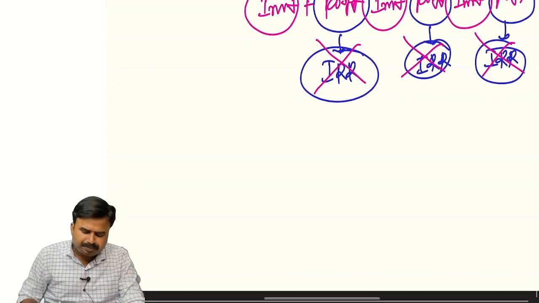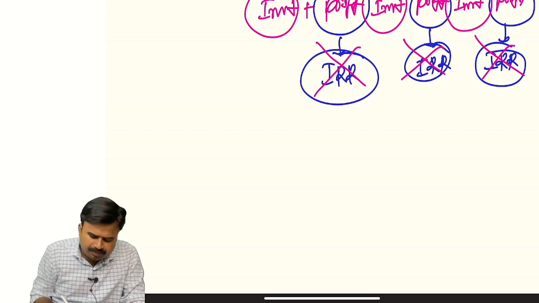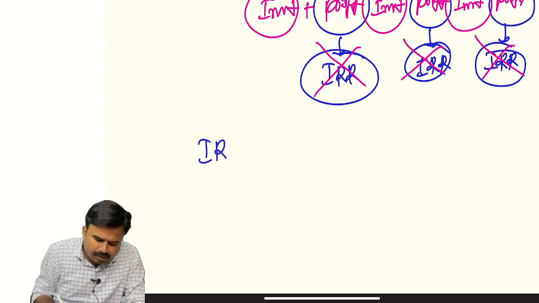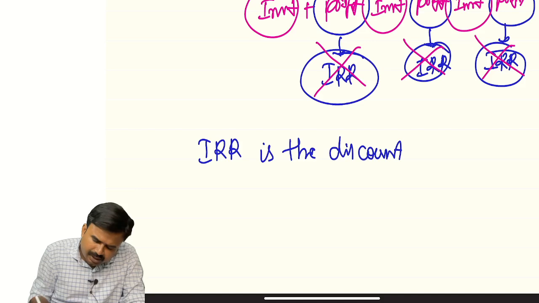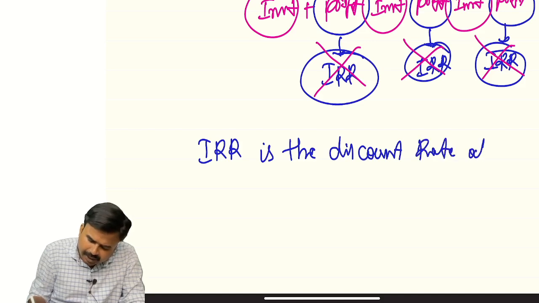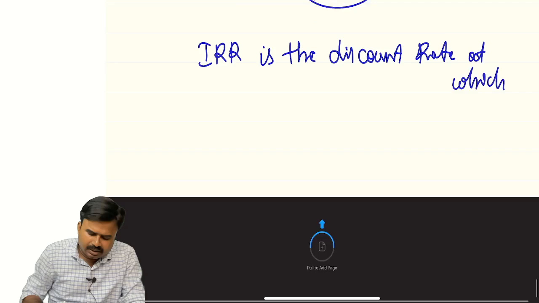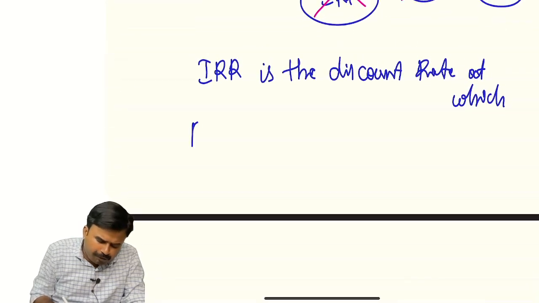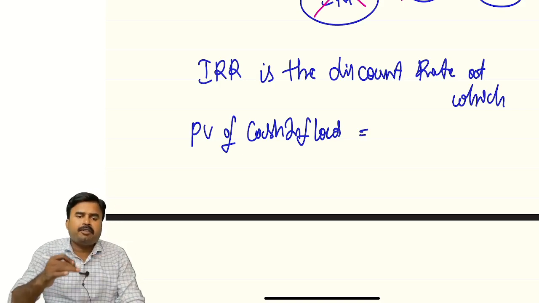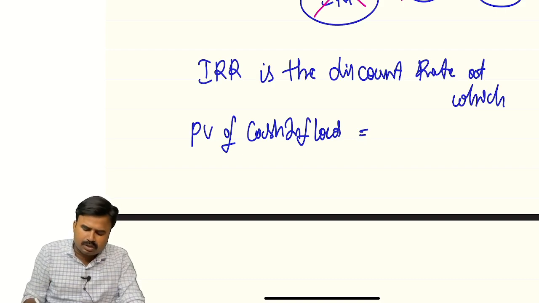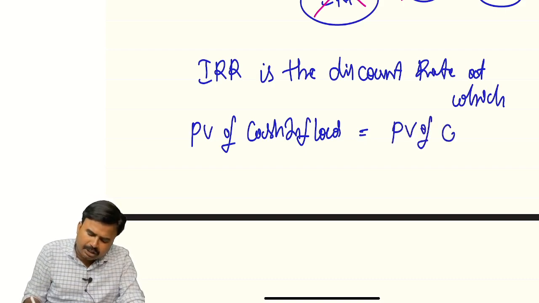So that's why, if you discount the future cash inflows at IRR, that means IRR is the discount rate at which the present value of all the future cash inflows, after removing IRR from them, must be equal to my present value of cash outflows, or I can say my initial investment.